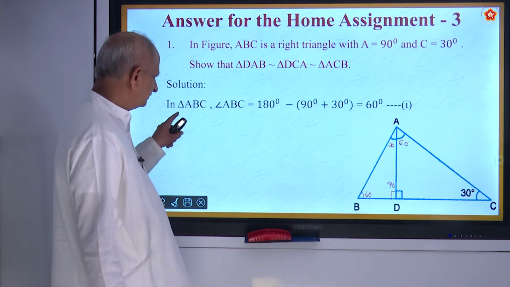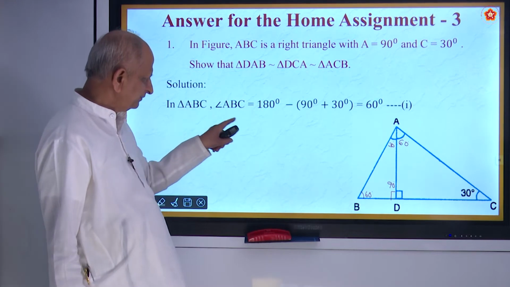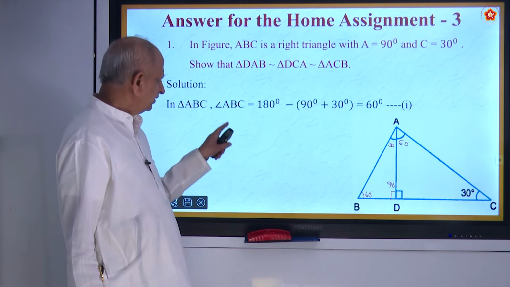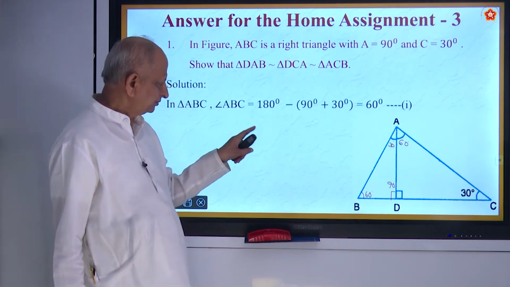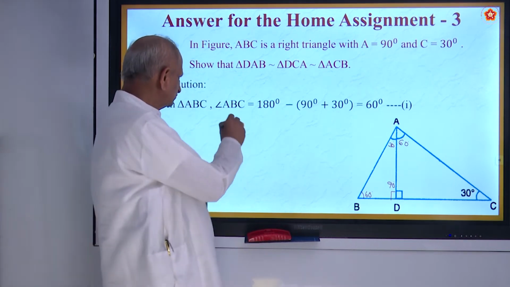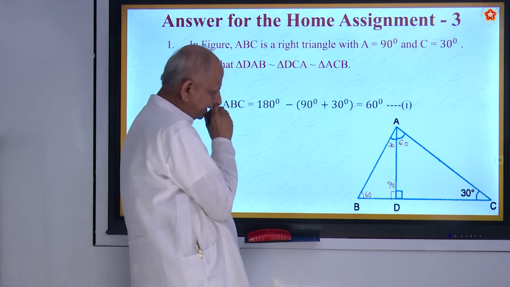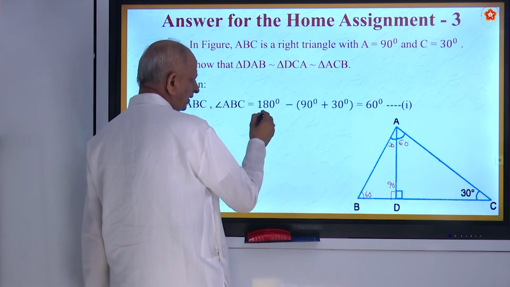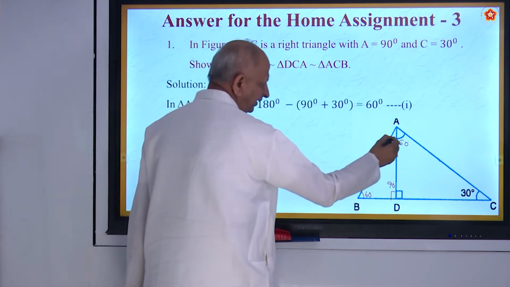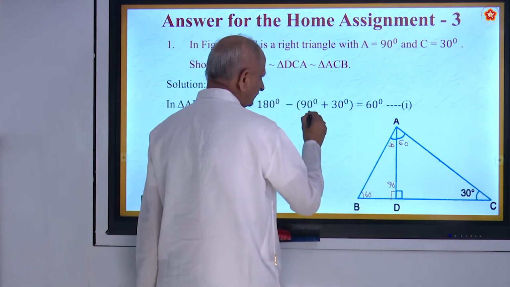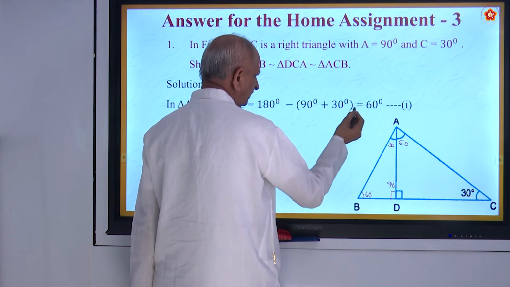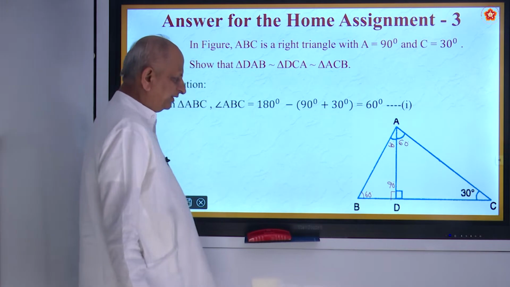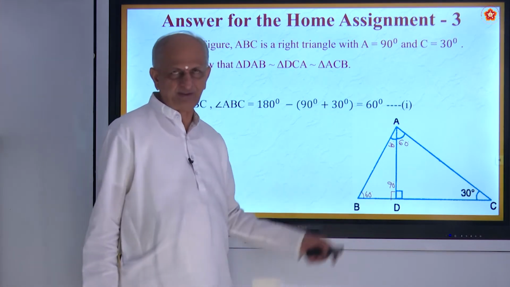So first point, in triangle ABC, how to find out angle ABC? ABC can be got by 180 minus (90 plus 30), that is 180 minus 120 equal to 60 degrees. So angle B becomes 60 degrees.